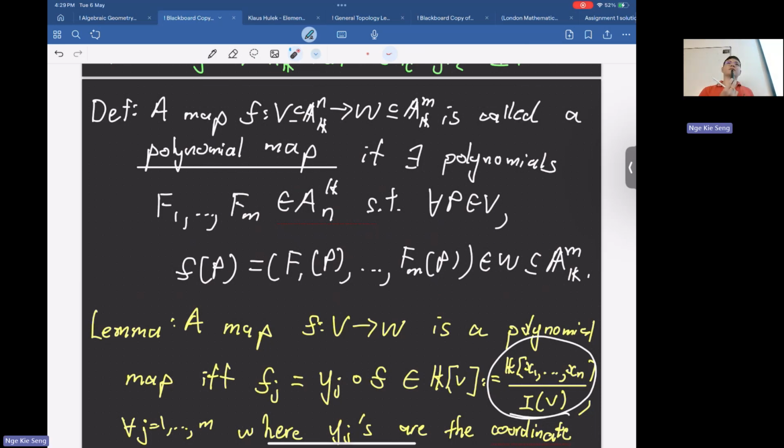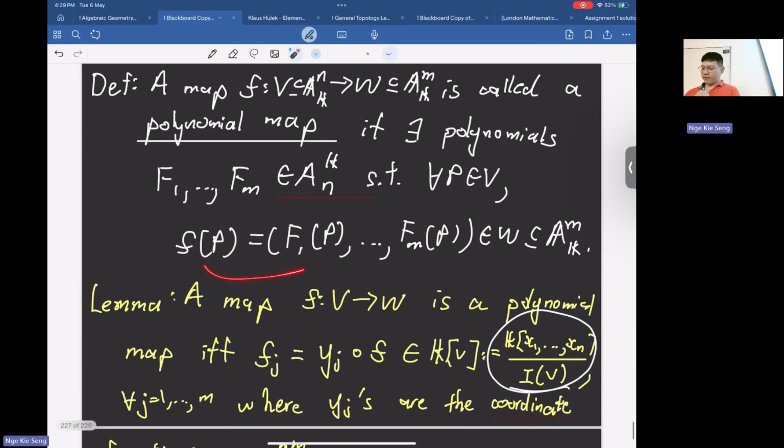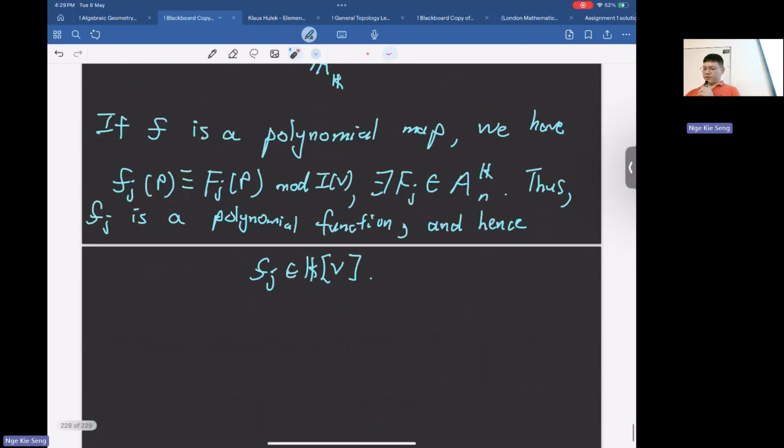Yeah, correct. But the point here is we have equality here already, right? So I think for this stage we use equality. For this stage, I think it's fine.